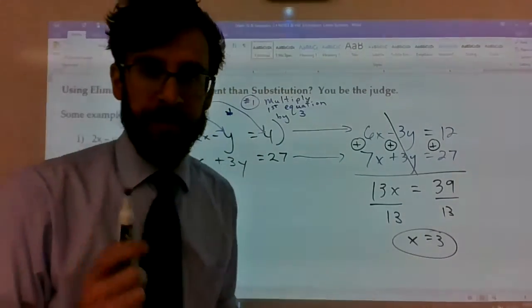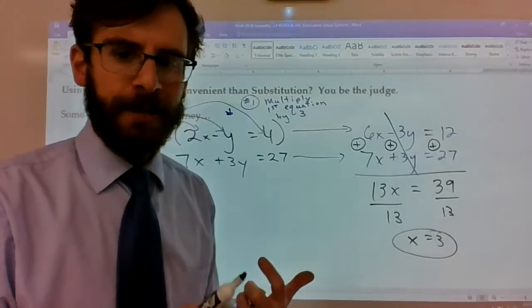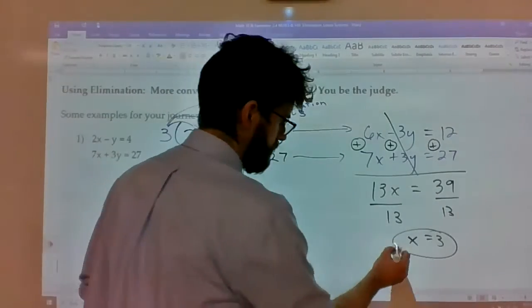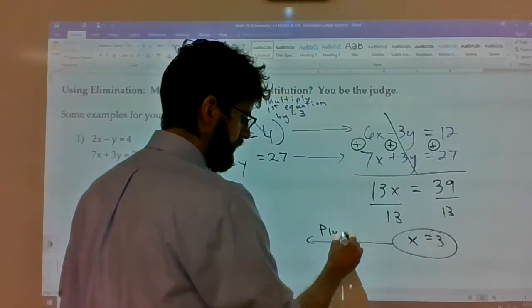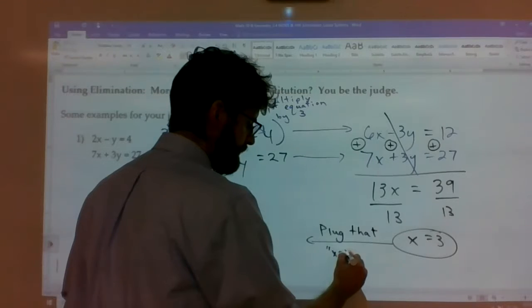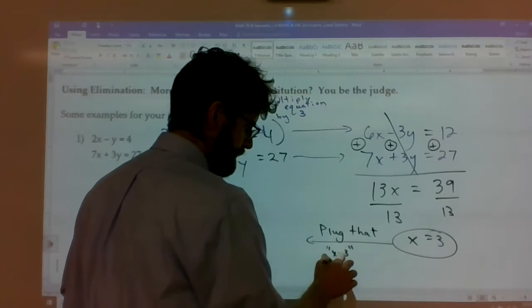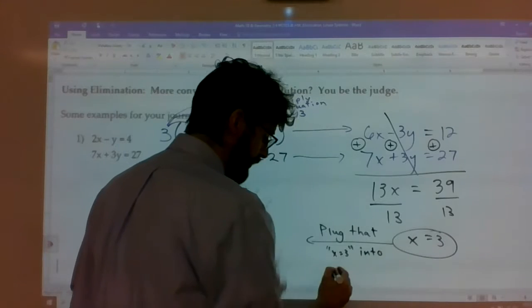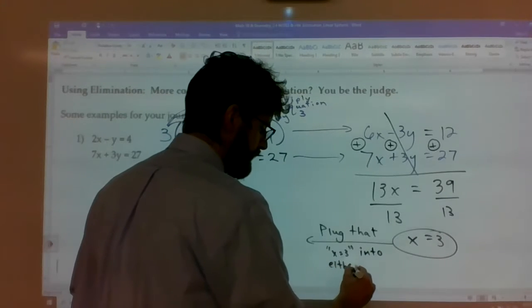And then from the previous video, we saw that I can plug that 3 into either of the first 2 equations. So plug that 3 into either of the originals.